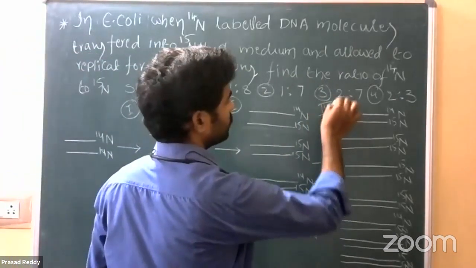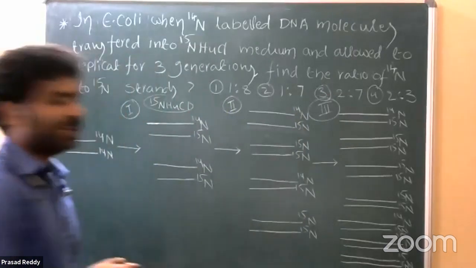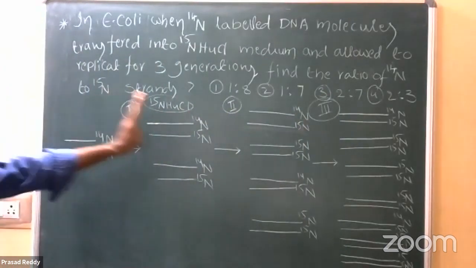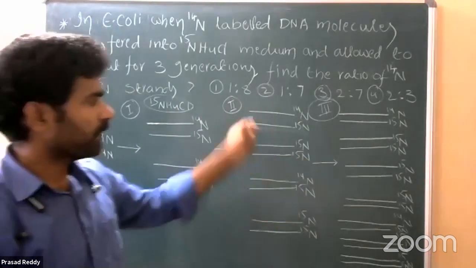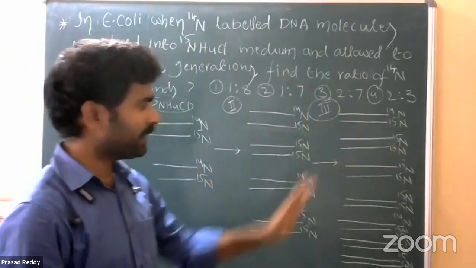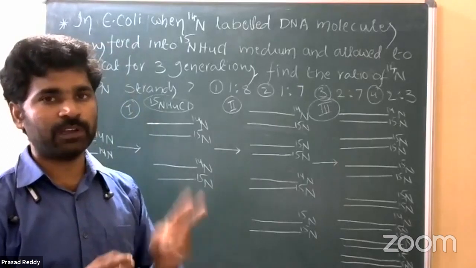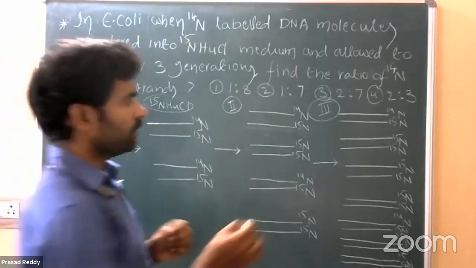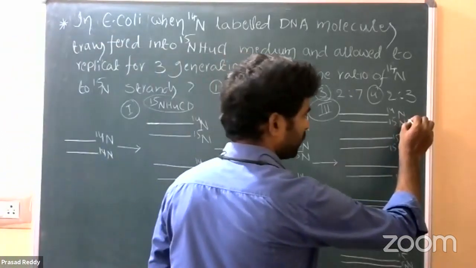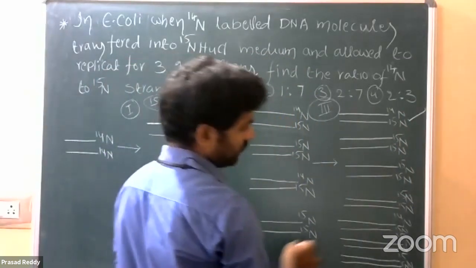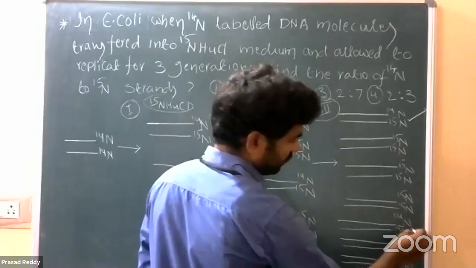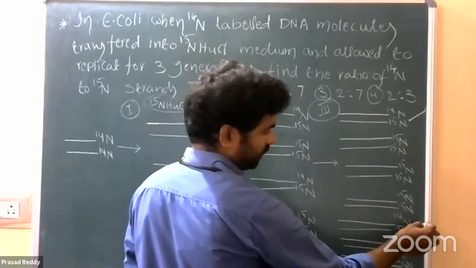So in the third generation, the total DNA molecules are 8. In the second generation, 4. In the third generation, 8. In those 8 DNA molecules, hybrid DNA molecules are 2 only. Identify that hybrid DNA molecule here, N14 and N15 strand, and one more here, N14 and N15 strand.